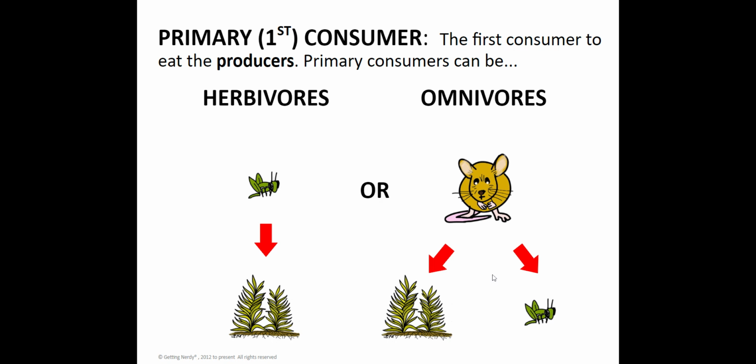These are our primary consumers, and they can be herbivores, like our little grasshopper, meaning they only eat plants, or they can be omnivores, which means they eat both plants and meat or insects. Make sure you're filling in the two boxes on your picture. Herbivore goes above our grasshopper, omnivore above our little mouse.